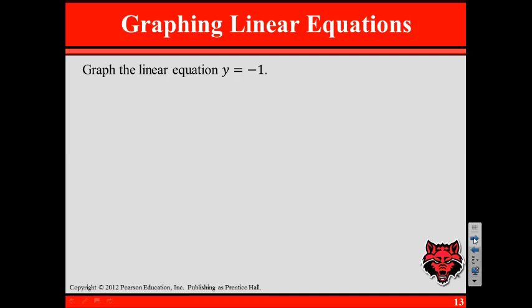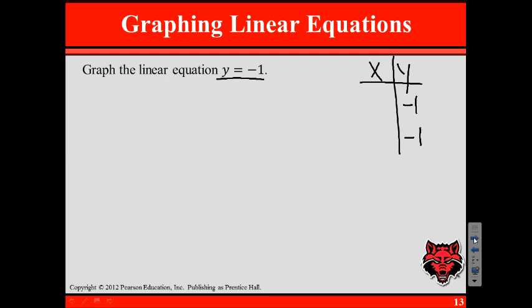Let's look at the special case when the x variable is missing and we have only y. Again, we start by creating our own table because the table is not given. And in this example, we are told that y equals -1. So it doesn't matter how many ordered pairs we find, the y coordinate is fixed to be -1 each time.